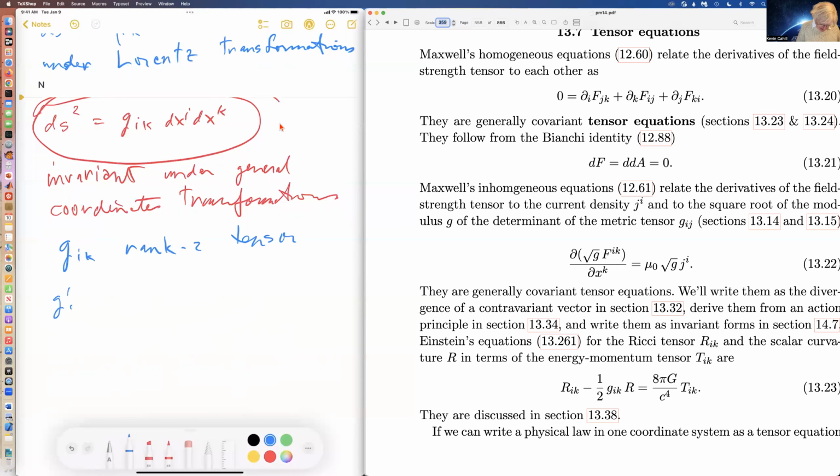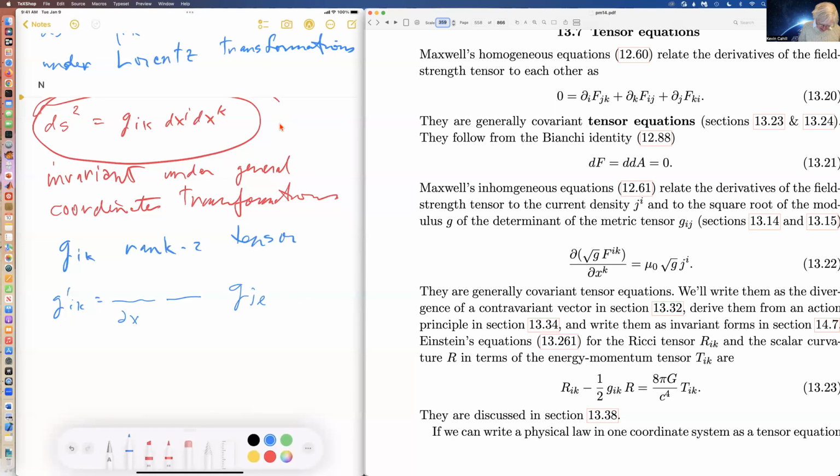And g'_ik then, let me just show you how you do this. I and K are downstairs variables and they're primed.